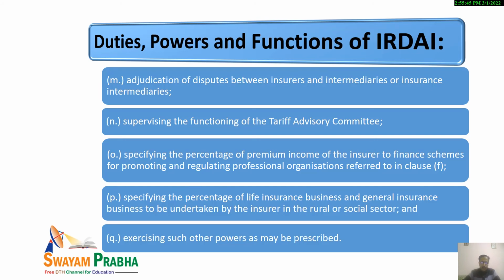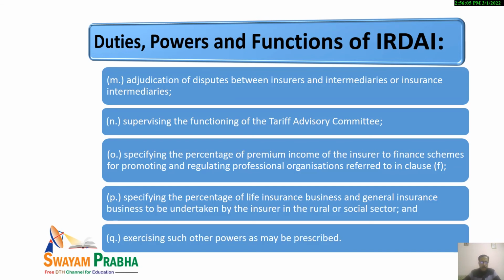In that case the concerned insurance company will have to act as per the guidelines. They can't deviate from those guidelines, and they will have to work within the limits set by these guidelines.